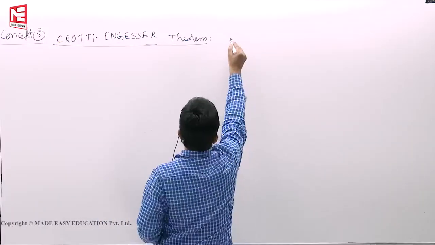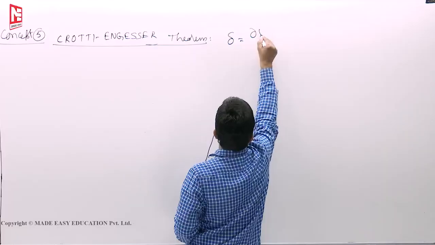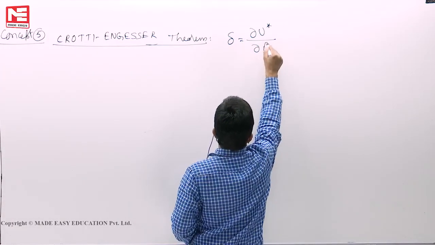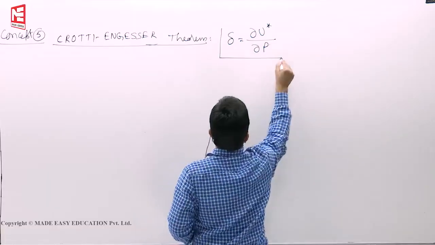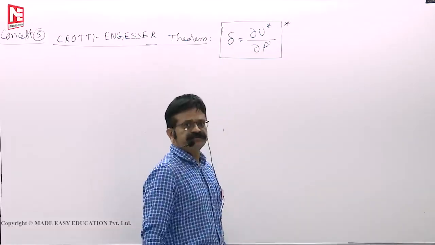What it tells you is, displacement at any point is equal to the first partial derivative of complementary energy with respect to load at that point, which gives you displacement at that point in the direction of the load.